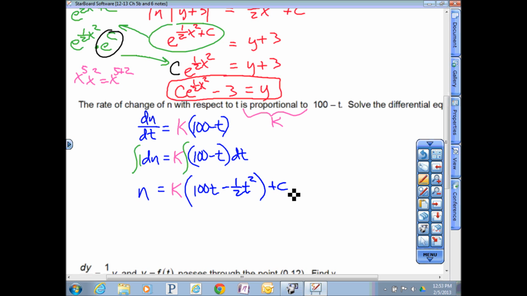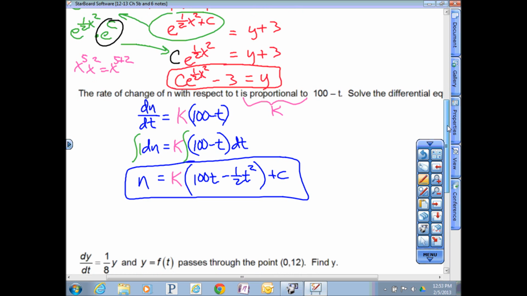And we're going to have to throw in our constant of integration there. So you've got a constant k from the proportional to, and you've got the constant c from doing your indefinite integral. And I'm not sure we can do a whole lot more with that equation until we have some more information. So for now, we've done that. We've separated our variables, and we found our function n of t.